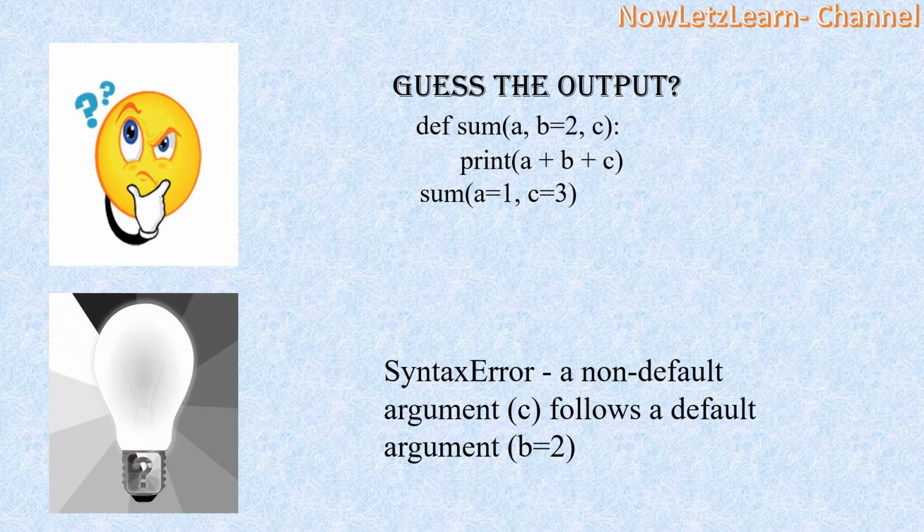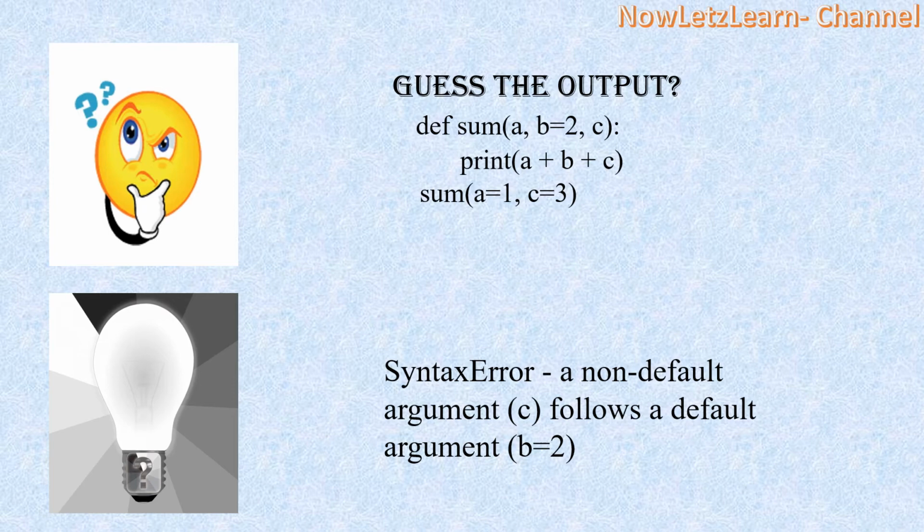The reason is, while defining a function in Python, please make a note of it, a non-default argument should not follow a default argument. In other words, if I had said a comma b comma c is equal to 2, then this expression should have worked with no problem.